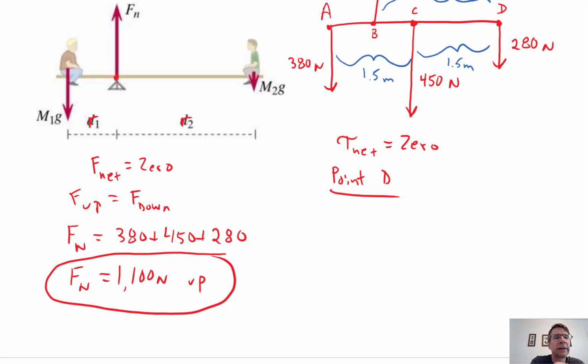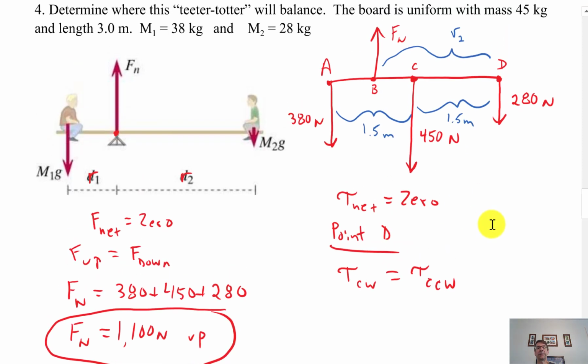So the condition is, I always write this down, that the clockwise torque is equal to the counterclockwise torque. But here's where the thinking has to come in. It's not always obvious. It depends on which point you pick, where your clockwise and counterclockwise are. So I'm forgetting the fact that it's a teeter-totter. It doesn't really matter.